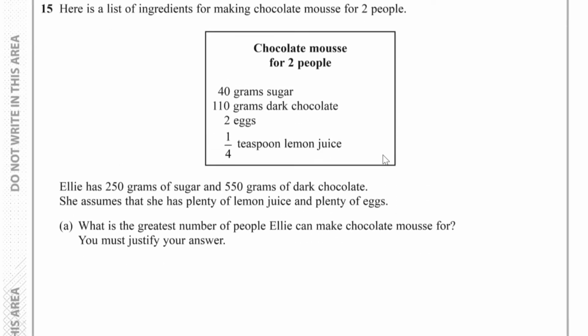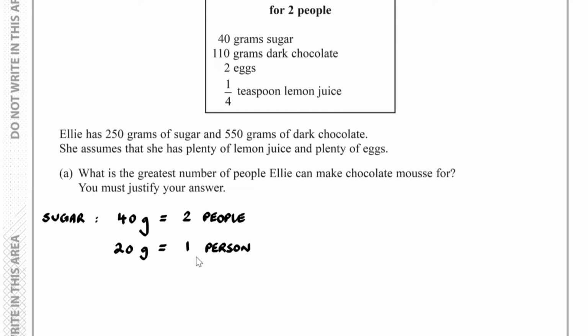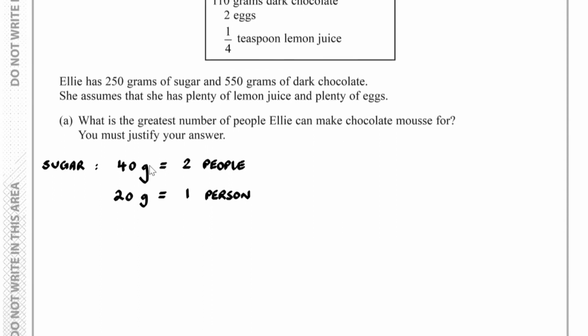Well, if we think about the amount we've got for sugar, I know that 40 grams is for 2 people, and therefore dividing by 2, 20 grams for 1 person. So what I can do now is find out how many we can make with the amount of sugar we've got.